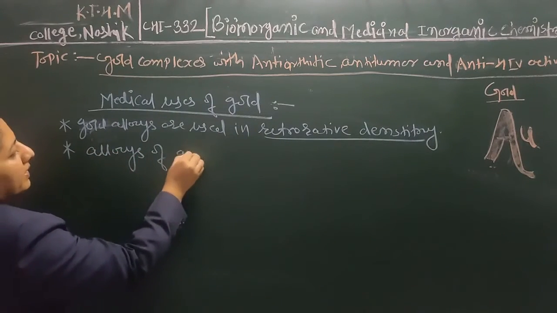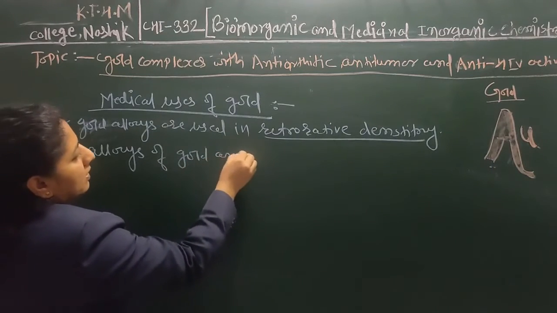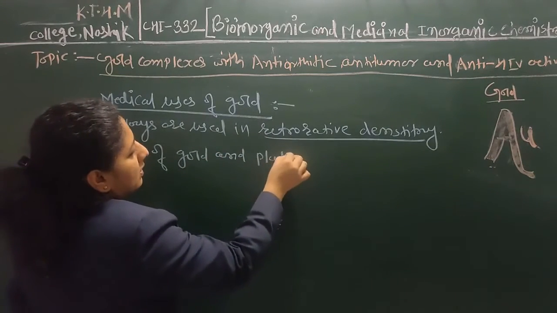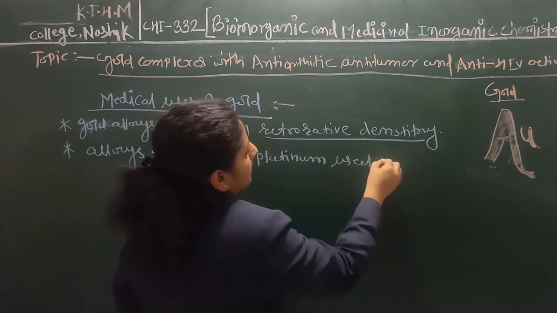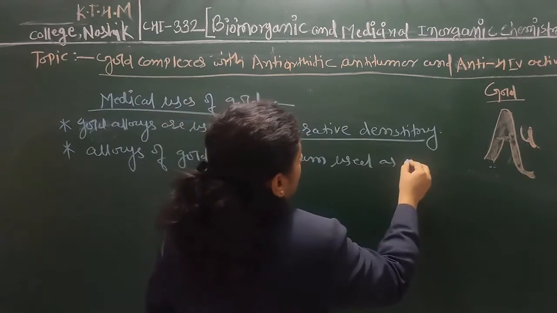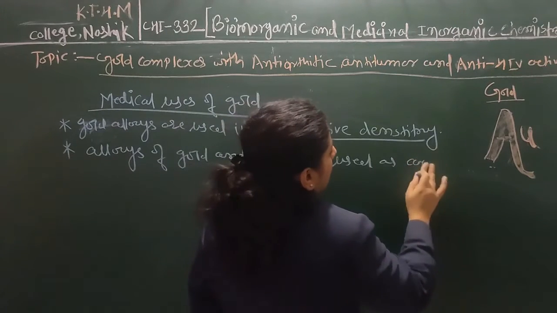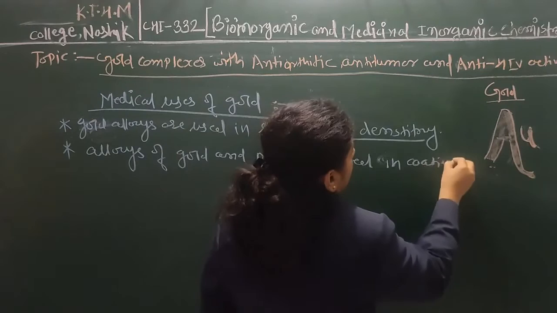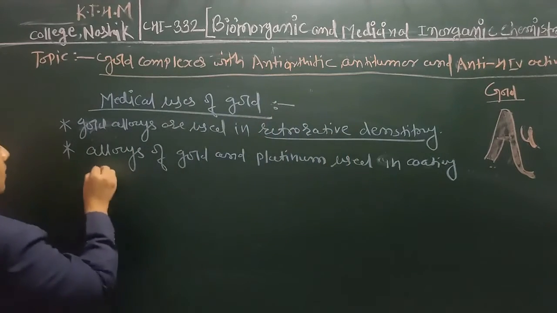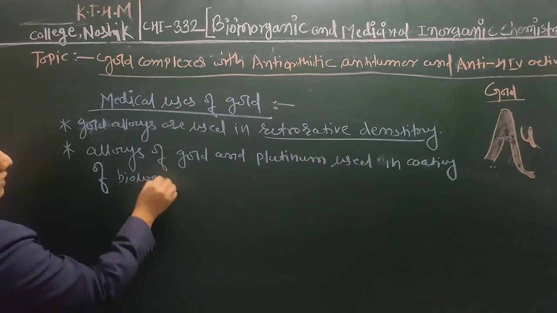Alloys of gold and platinum are used as coating, used in coating biological specimens.